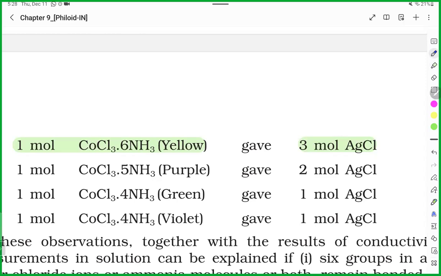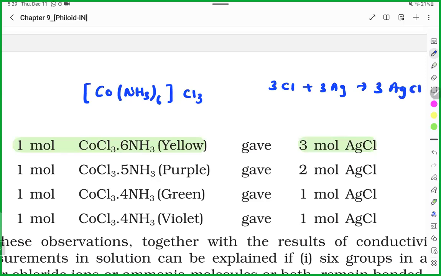It means cobalt has 6 ligands in the ammonia form, and all 3 chlorine are present outside, and these free 3 chlorine can react with 3 Ag and form 3 AgCl.